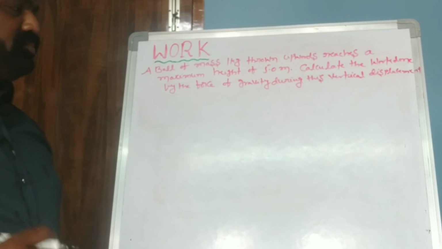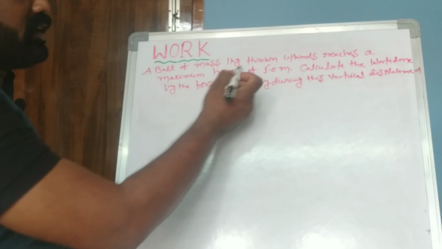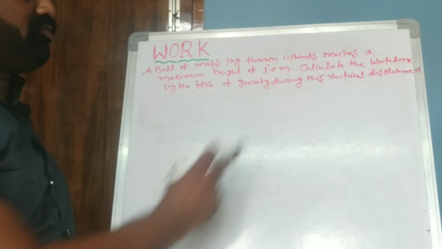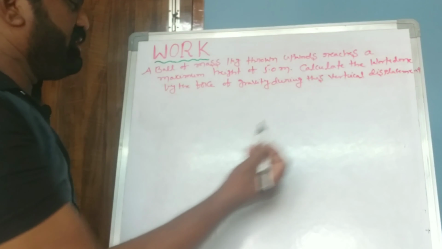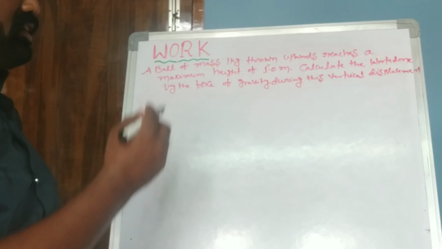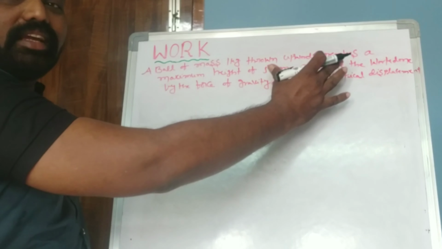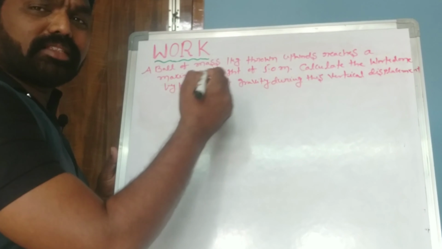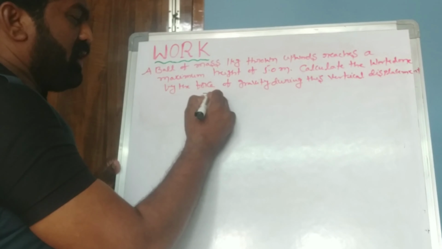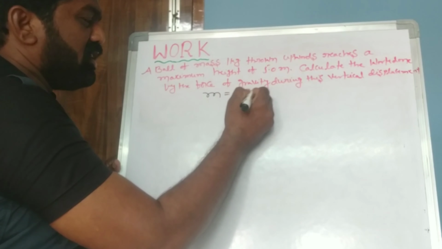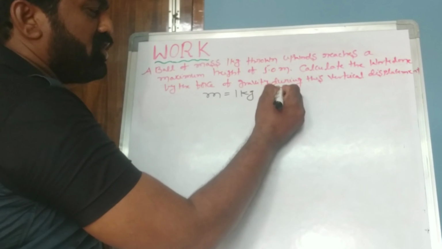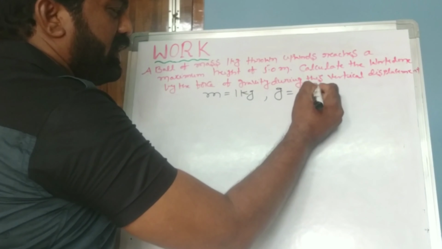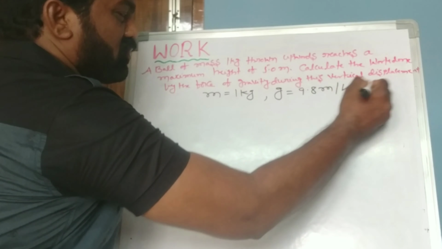One more problem. A ball of mass 1 kg thrown upwards reaches a maximum height of 5 meters. Calculate the work done by the force of gravity during this vertical displacement. Here the mass of the object is given, that is 1 kg. You know the acceleration due to gravity g value, that is 9.8 meter per second square.